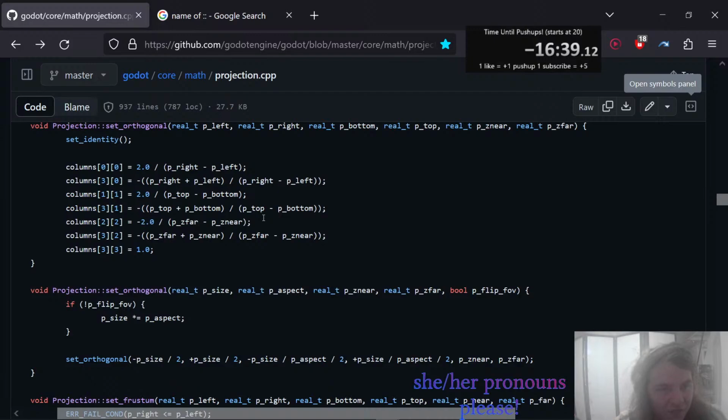Oh gosh, okay, well I can't pronounce that correctly. columns[1][1] equals 2 divided by p_top minus p_bottom. columns[3][1] equals minus (p_top plus p_bottom divided by p_top minus p_bottom). columns[2][2] equals minus 2 divided by p_z_far minus p_z_near. columns[3][2] equals minus (p_z_far plus p_z_near divided by p_z_far minus p_z_near). columns[3][3] equals 1.0.